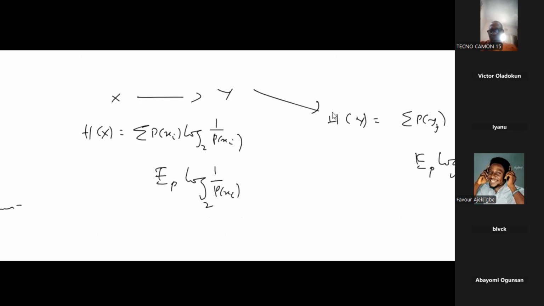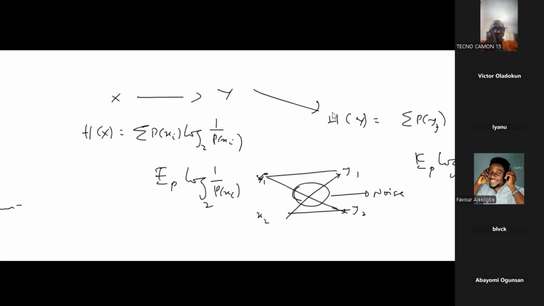So I transmit X1, so I'm supposed to receive Y1, then I transmit X2, then I receive Y2. What if I transmit X1, then receive Y2, or transmit X2 and receive Y1? This is what we call noise in the system. So conditional entropies help us to evaluate what is really going on in the system, right?